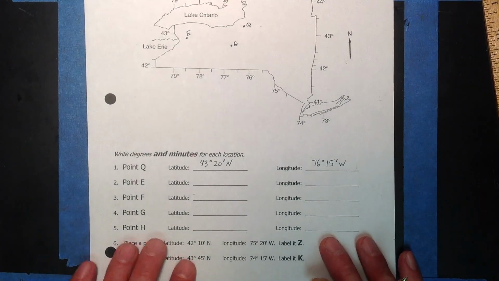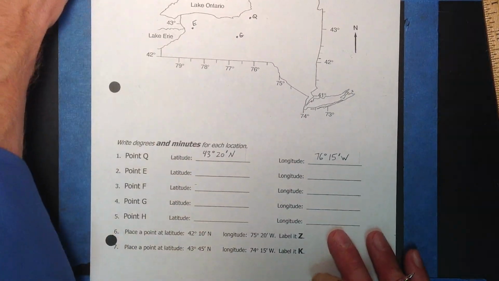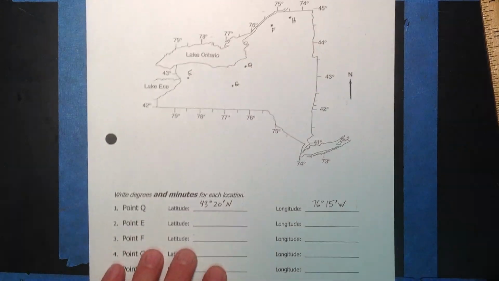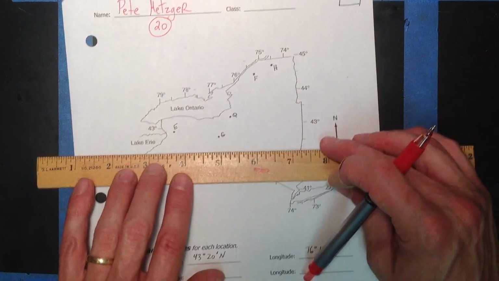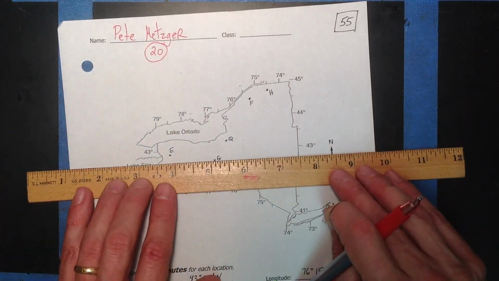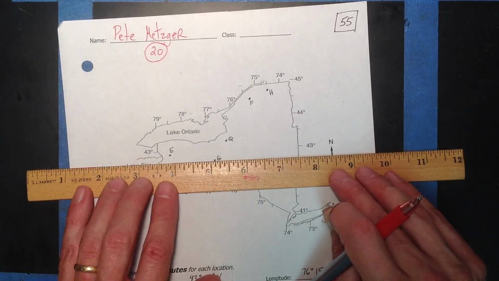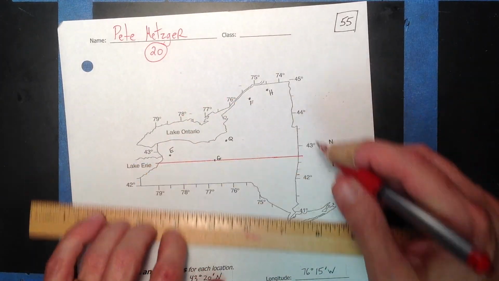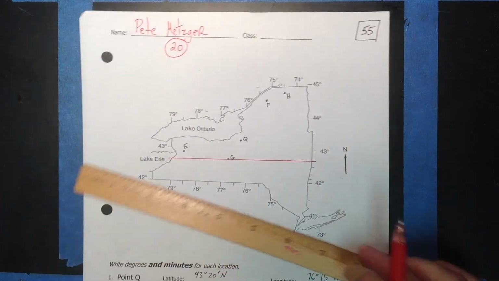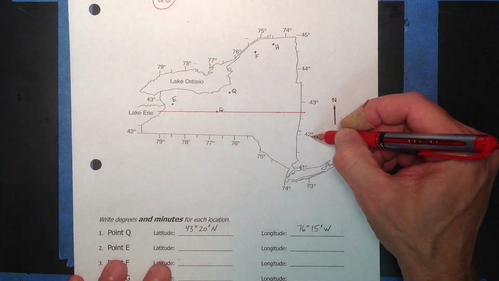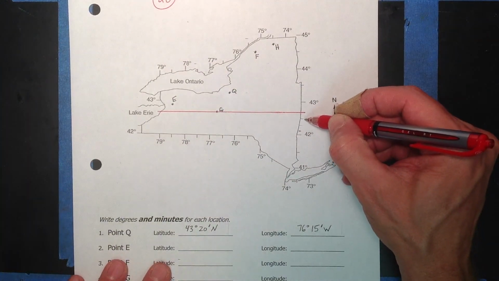Here we go. Let's keep going here. I'm going to use Pete Metzger's thing here, and we are on point G, my favorite point. Latitude of point G is right about, I'm going to draw it in right about here, and I like to go to this side always. It's pretty good to use. So if this is 42 degrees, that's 42 degrees and 30 minutes.